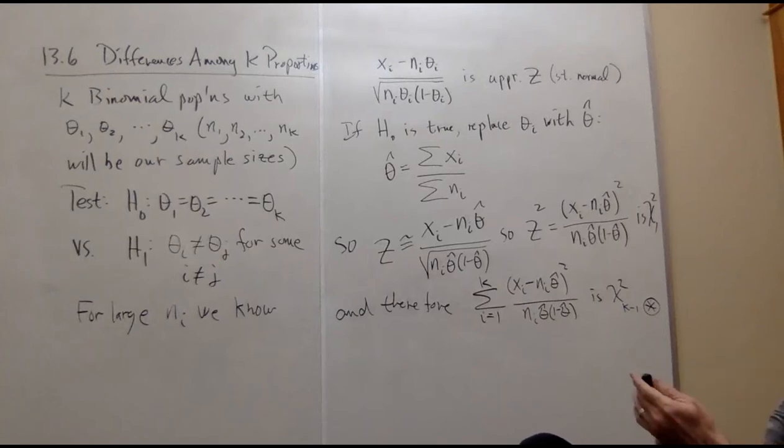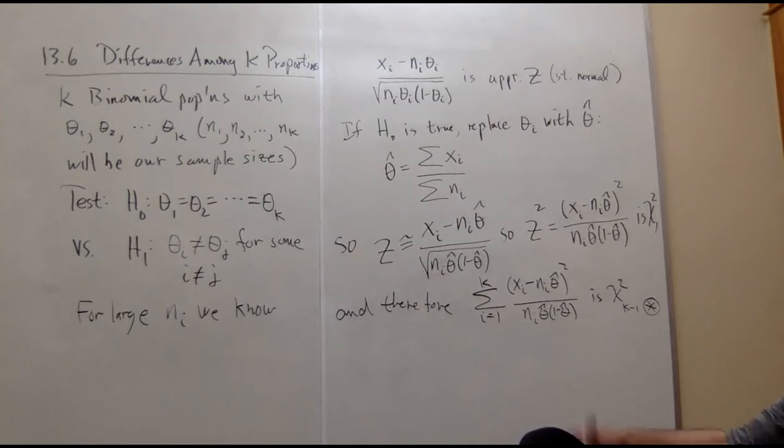So, section 6, we have k binomial populations. Now, you can run this test no matter what those populations are, but it's not going to mean anything unless they have some similarities. In fact, they should be similar in as much as possible with respect to one variable.